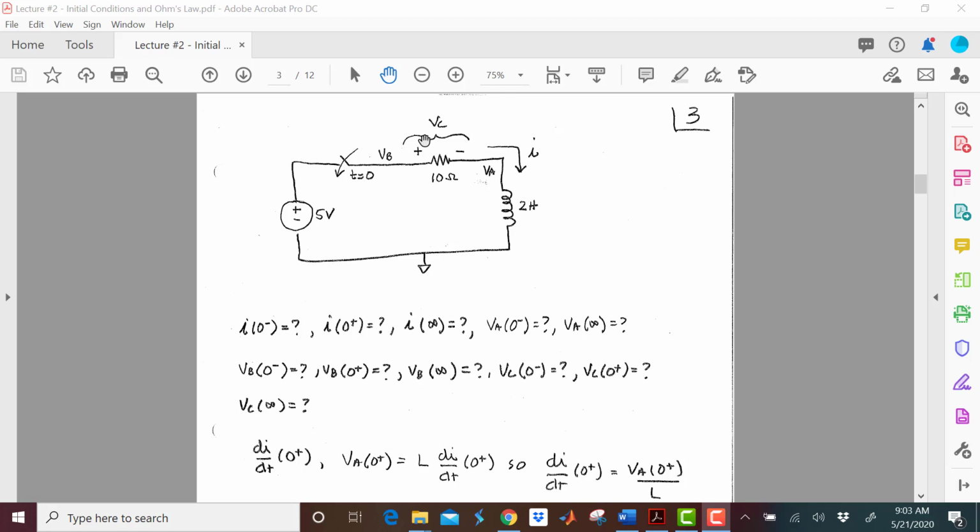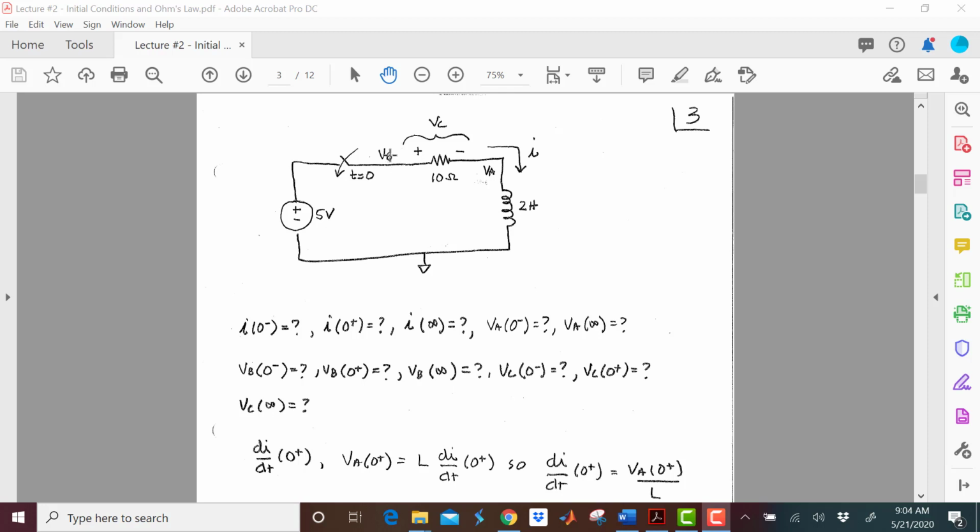VB at 0 minus. Well, at 0 minus, we know we have no current, and that means we have no voltage drop across here, and we know the voltage here is 0 because there's no voltage drop across the inductor. So we start at 0, we go up 0 because there's no voltage drop across the inductor at steady state, and now we go up 0 amps times 10 ohms, that's another 0, so VB is 0 at time equals 0 minus.